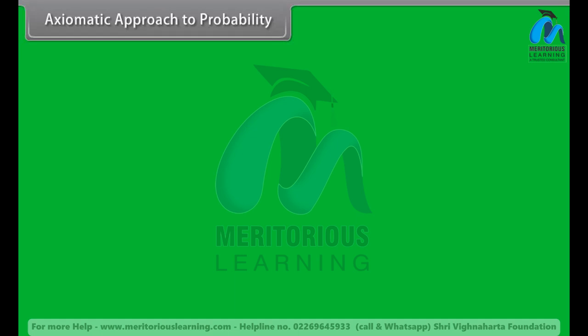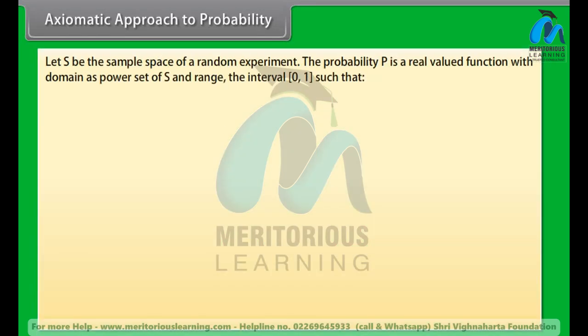Axiomatic approach to probability. Let S be the sample space of a random experiment. The probability P is a real valued function with domain as power set of S and range the interval [0, 1], such that 1. For any event E, 0 less than or equal to P(E) less than or equal to 1. 2. P(S) is equal to 1.